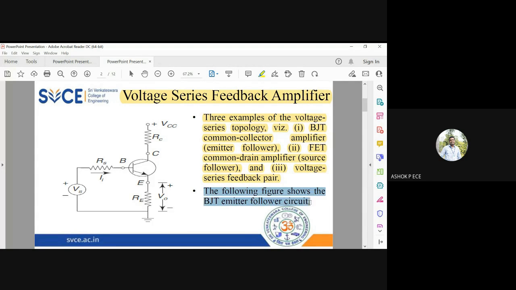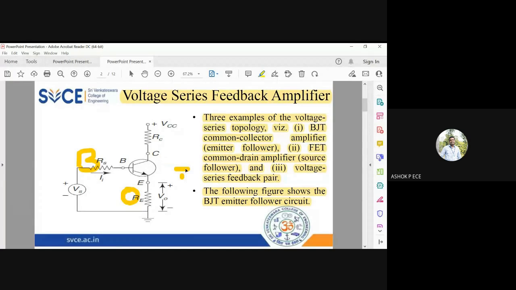Okay, so first we need to understand. First we will go with the BJT common collector amplifier. See the diagram. Common collector, as the name indicates, input is going to be the base and output is going to be the emitter. I should actually ground my collector, but if I ground my collector, the amplifier will not be biased to my Q point, so I will not ground my collector.